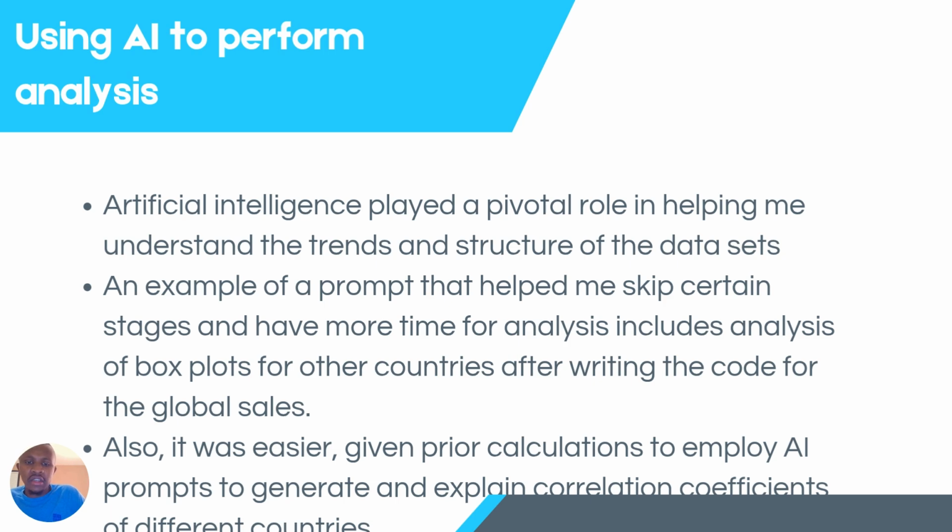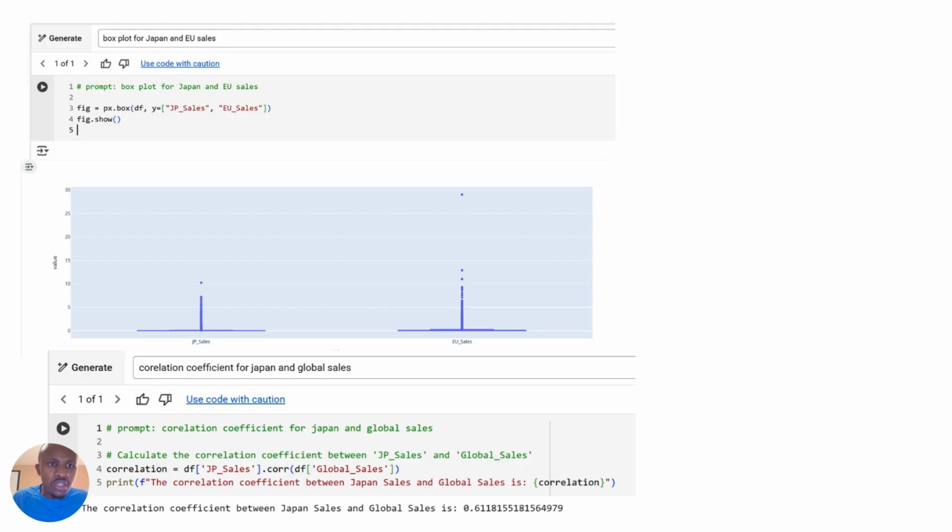And then I calculated the correlation coefficient for different countries to get to know whether the trend of sales in Japan is the same as in other countries, and whether it also follows the trend of the global sales. I was able to do that, and I have some AI code.